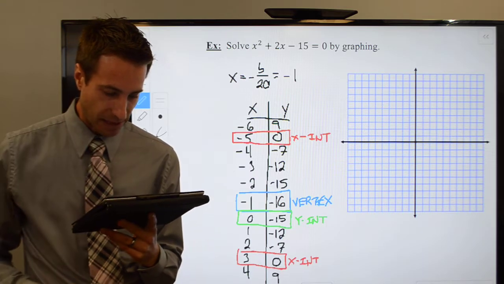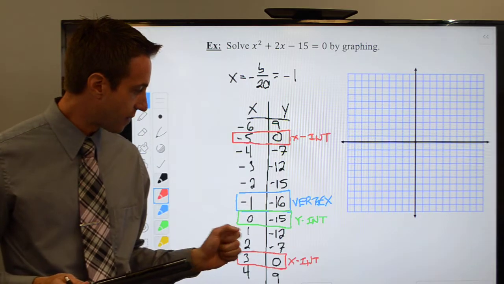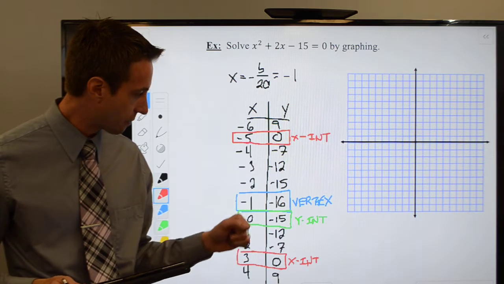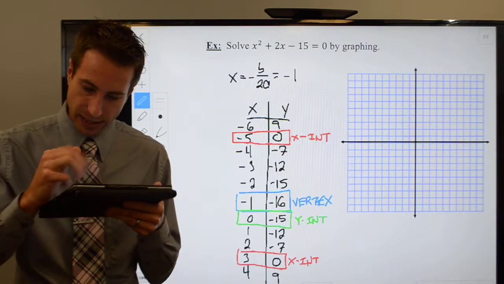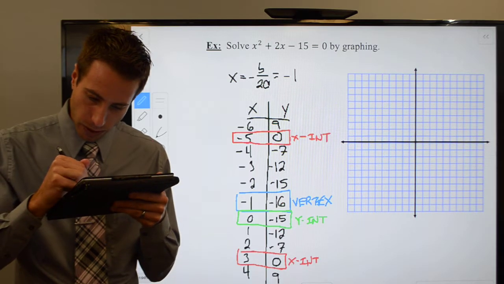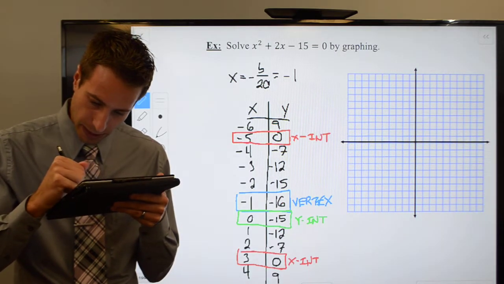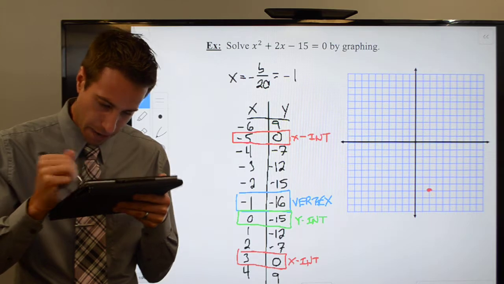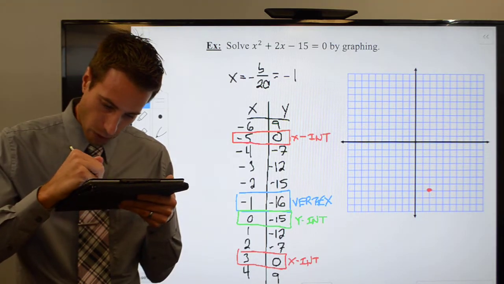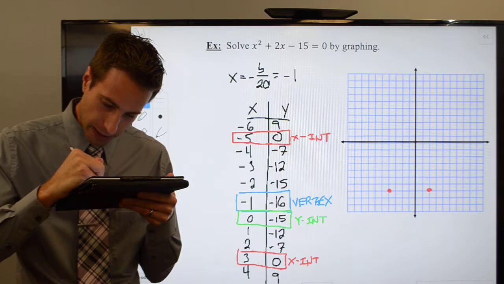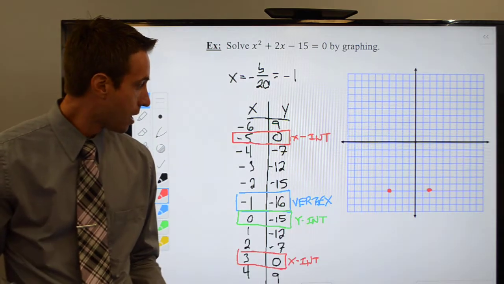Let's graph some points that fit. This one doesn't fit, doesn't fit, doesn't fit. This one does. 2, minus 7, right there. And negative 4, minus 7 right there. Those both fit.